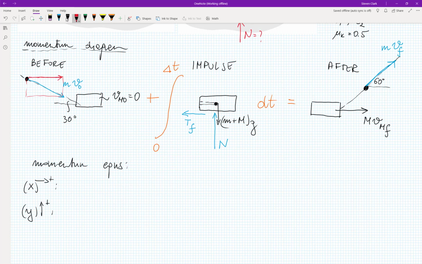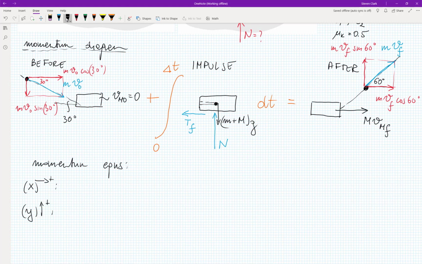So in here we have mv0 cosine 30 degrees, mv0 sine 30 degrees, and in here we will have mv final cosine 60 degrees, and in here we have mv final sine 60 degrees.